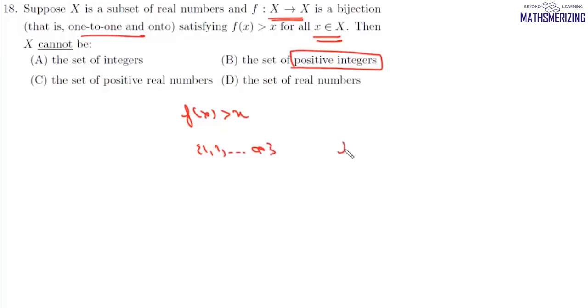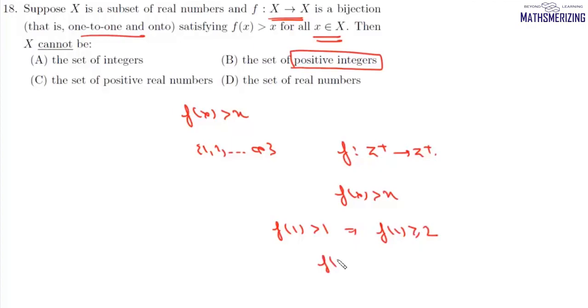So if we define this function f from Z positive to Z positive such that f(x) is greater than x, then f(1) will be greater than 1. So it simply means that the value of f(1) will be 2 or greater than 2. In the same way, for any n, this value will be greater than n.